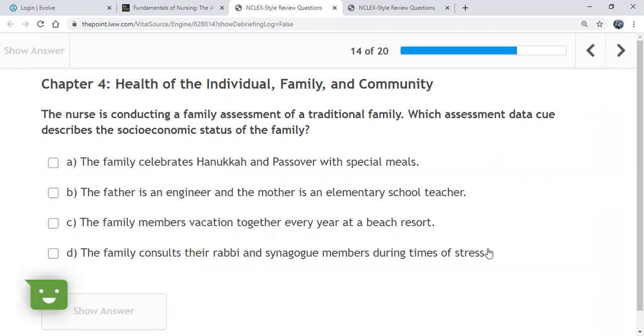The nurse is conducting a family assessment of a traditional family. Which assessment data describes the socioeconomic status of the family? B. B as in boy.